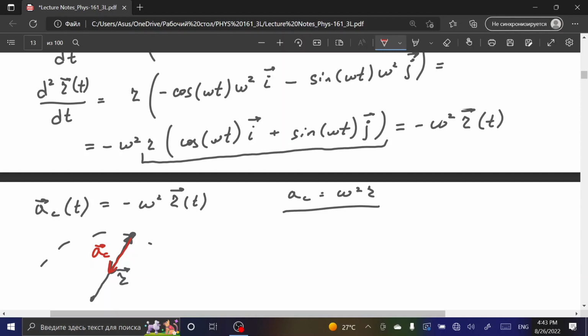However, it changes in orientation. The change of orientation of this linear velocity vector results in so-called centripetal acceleration, which is always perpendicular to linear velocity vector and pointed towards the center of curvature of this trajectory.